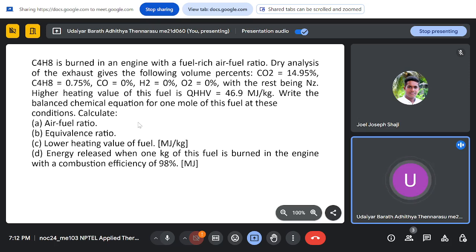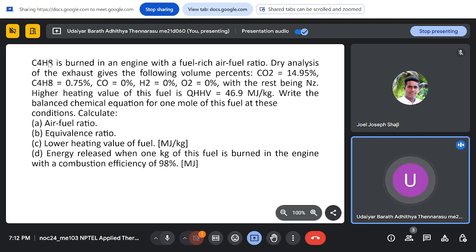So this is somewhat related to combustion, a thermochemistry and combustion related question. So we have a fuel with the formula C4H8, which is burned in an engine with a fuel rich air fuel ratio.